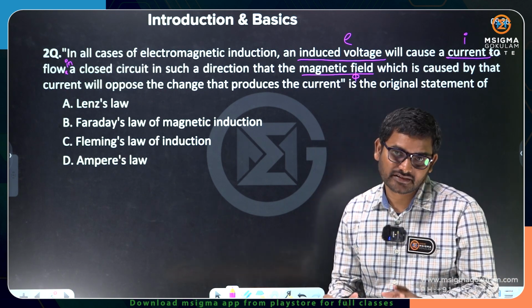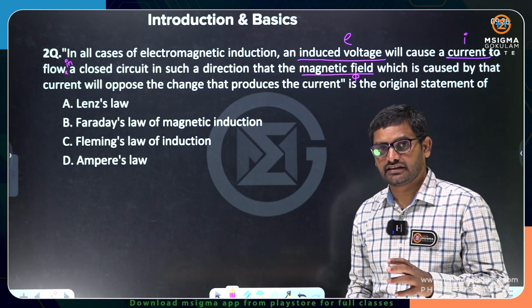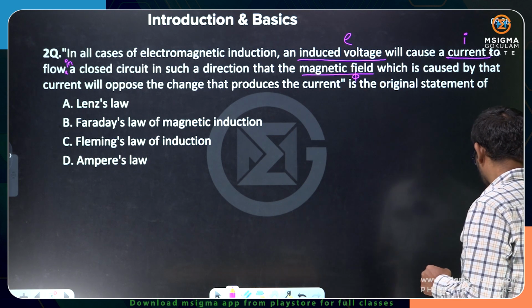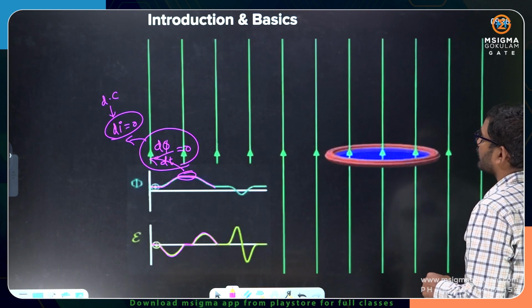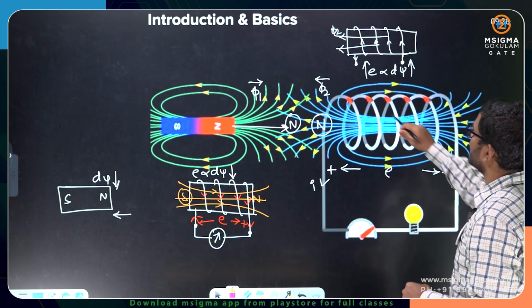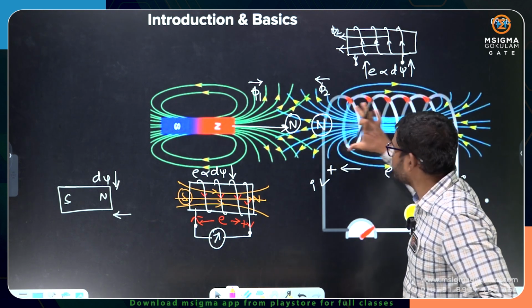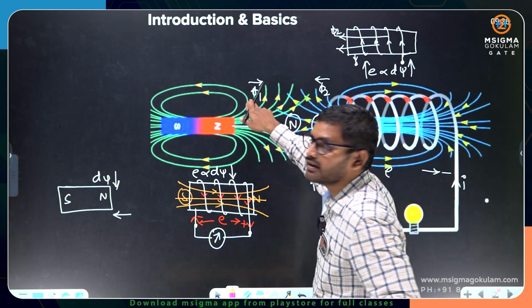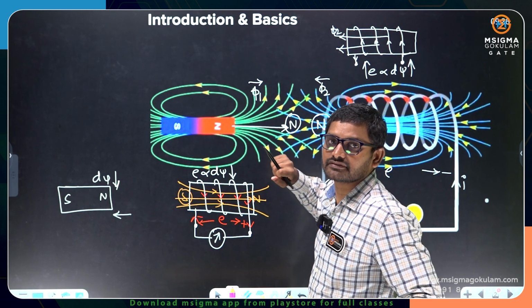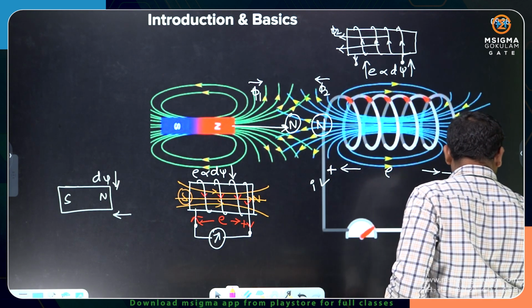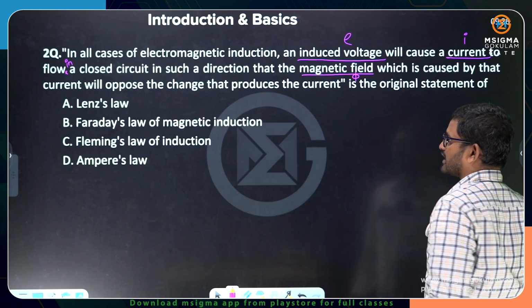If you think that this is going to be somewhat complex, you see here, that is what we have discussed. The magnetic field produced by the EMF is opposing the very cause of its production. Okay, all right. So this is the statement of Lenz's law.